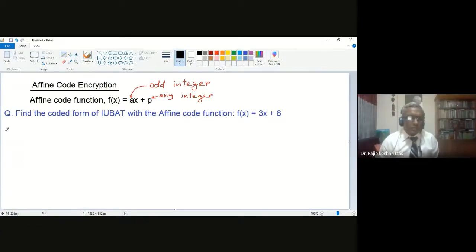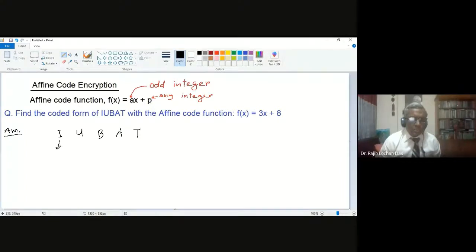That means you write the letters IUBAT separately. So one letter is I, then U, then B, then A, then T.